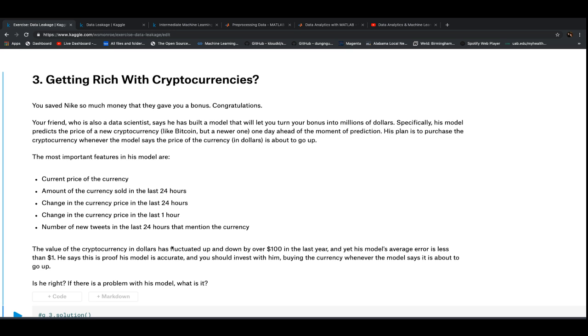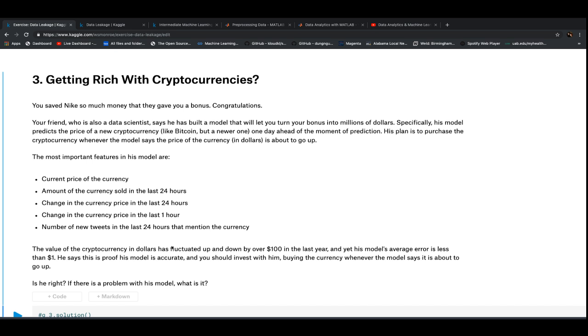The value of the cryptocurrency has fluctuated up and down by over $100 in the last year, and yet his model's average error is less than $1. He says that this is proof his model is accurate and you should invest with him. Is he right?